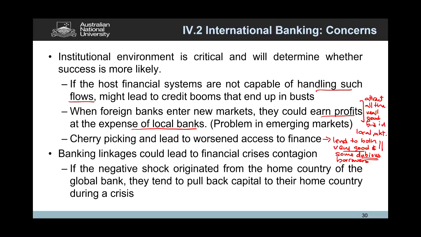And also, this linkage in banks through international banking could lead to financial crisis contagion. The idea is that it's good if we are having a local crisis and we want to have access to foreign money. But the problem is the crisis from the home country of the global bank can also come to be contagious for the local environment.